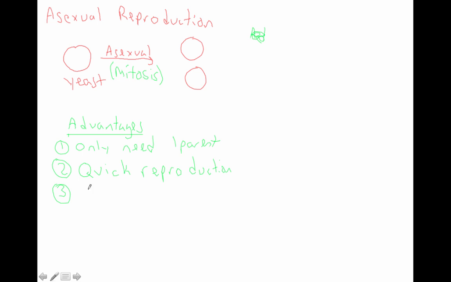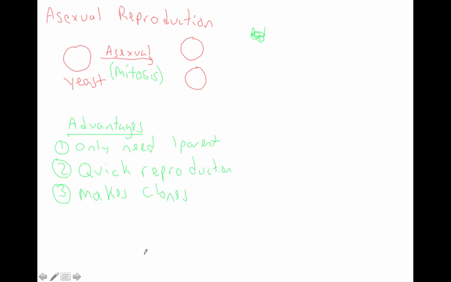This third advantage, let's just write makes clones. This isn't always a good thing, but in this example, it makes a lot of sense. An organism that has a set of genes in it that allows it to optimally survive in one environment and does it quite well, it's convenient to be able to make a genetic clone of that over and over again, particularly when it's doing it really quickly.